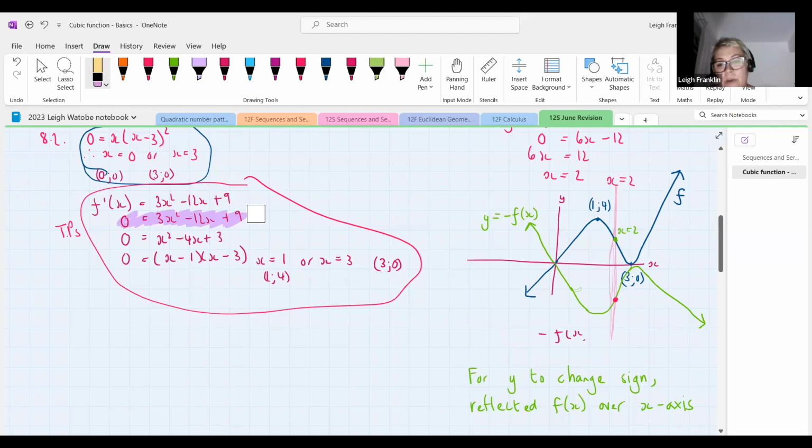It's still going to be halfway in between your turning points. So this turning point over here is now (1, -4). This turning point is still 3. So halfway in between 1 and 3 is still where x is equal to 2. So the graph is now concave down when x is a number that is bigger than 2.